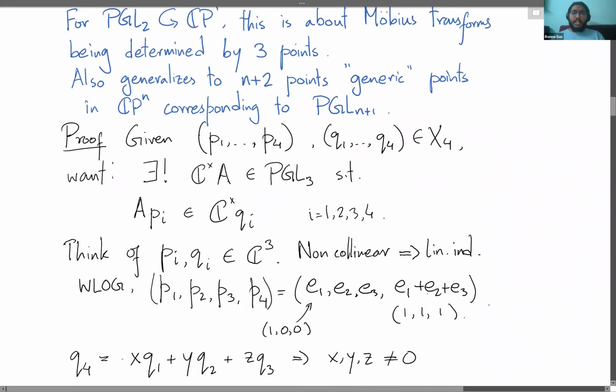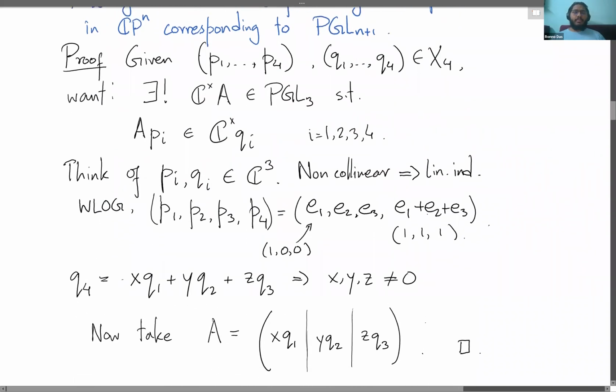Okay, so every talk should have one proof. This is going to be the one proof I give, not in full detail, but with some detail: that this action is simply transitive.